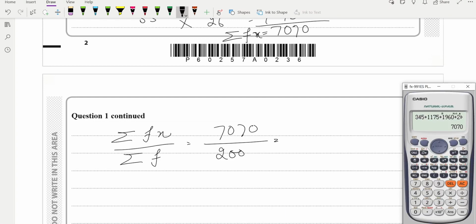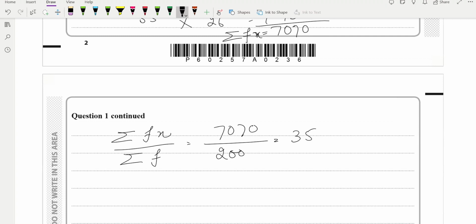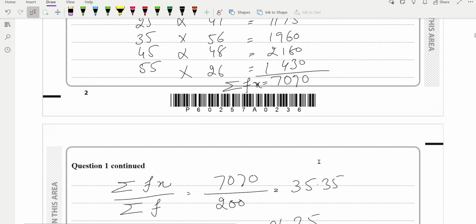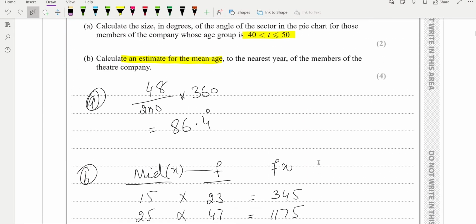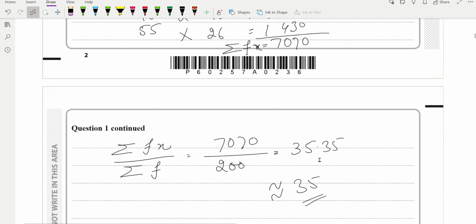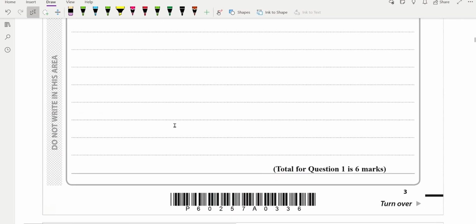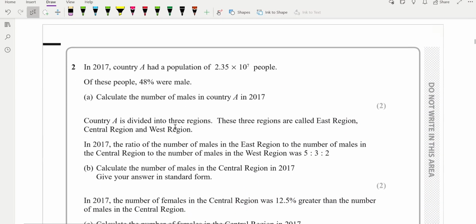This divided by 200 is equal to 35.35, and approximately we can write it as 35. This will be our answer for B part. So we are done with B part. This was a 4-mark question, very interesting and straightforward. You will have to apply the formula sigma fx over sigma f. This is the thing which you will have to keep in mind.